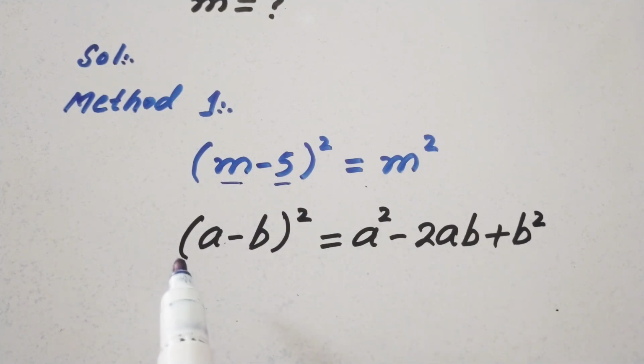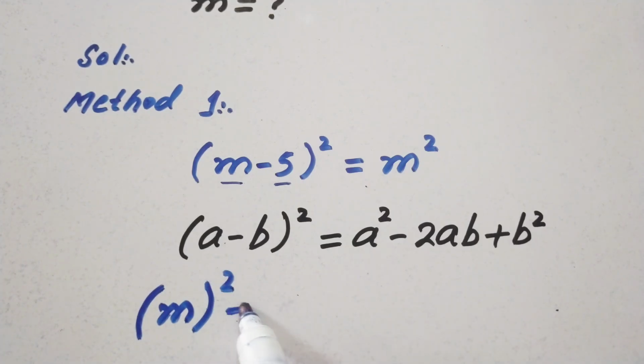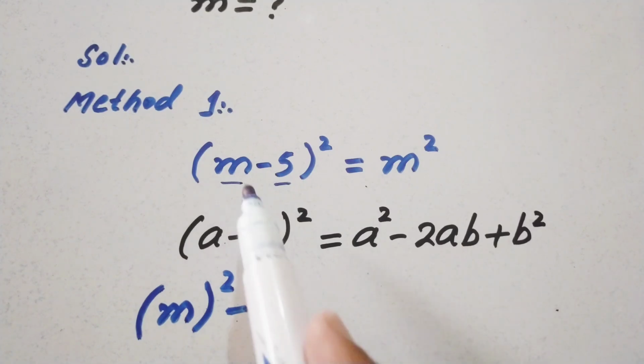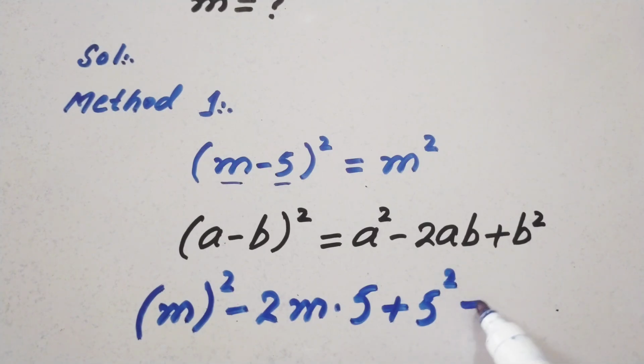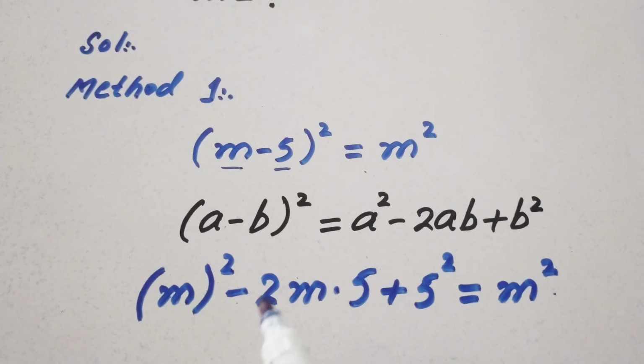So by using this identity, this will become a squared, m squared, minus 2 into ab, a is m and b is 5, plus 5 squared is equal to, at the right hand side we have m squared. So after using this algebraic identity, we get m squared minus 2m into 5 plus 5 squared is equal to m squared.